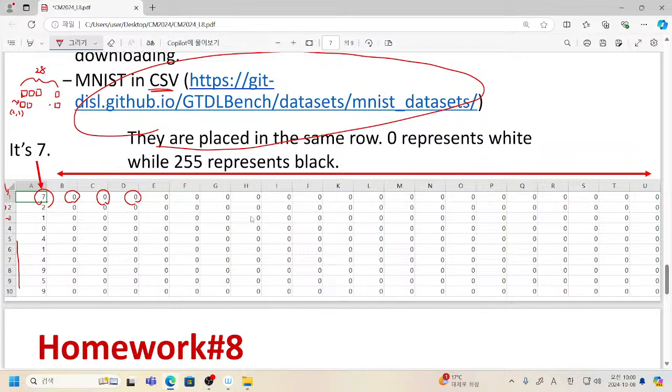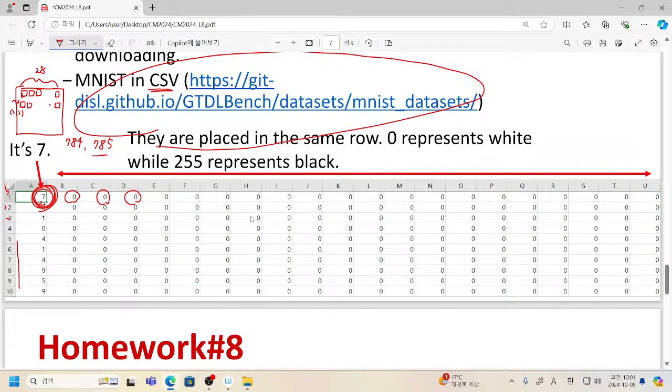So eventually you will have 28 by 28, a square image created by Professor LeCun's group, and if I remember correctly, the product of 28 and 28 is 784. Together with this label number 7, you will eventually have 785 numbers in a row.